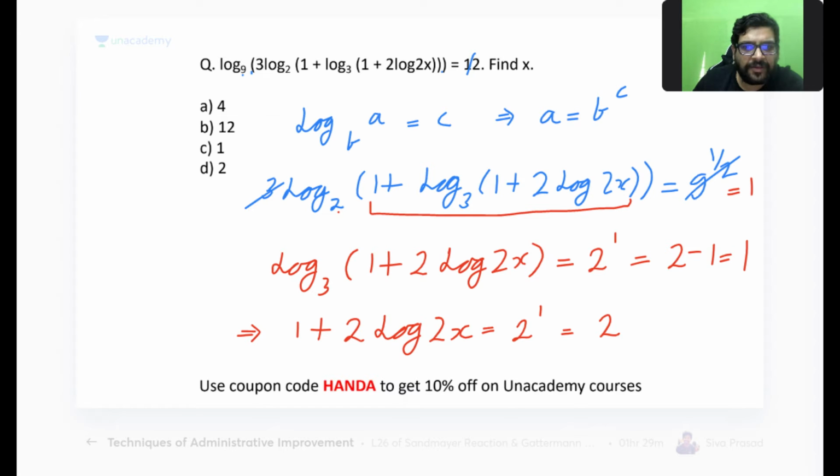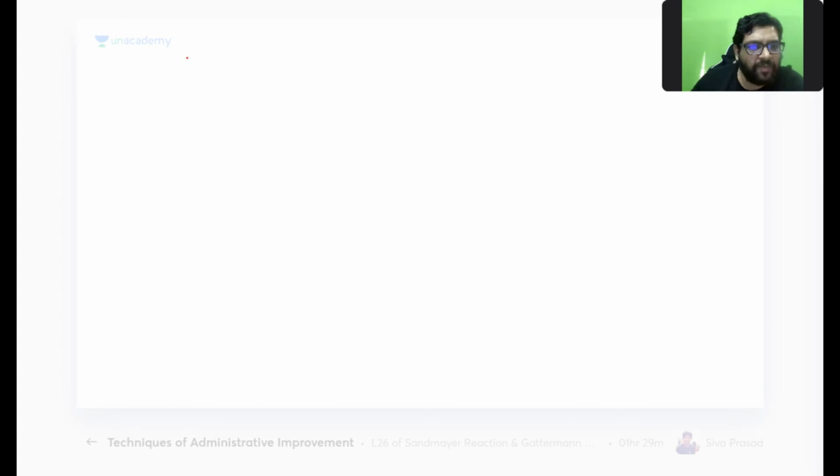My base is 3 now, so it is 3 to the power 1 or 3, which means 2 log 2x is 3 minus 1 or 2, and 2 and 2 cancel.